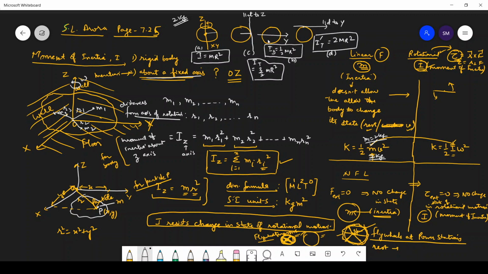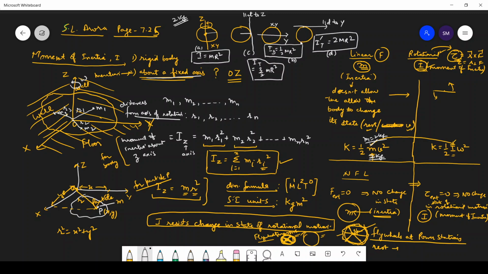and when you are moving it in the plane, so this ring was in the xy plane and your axis of rotation is in the y plane, so it has reduced to half mr square. But now it's so difficult, it has the maximum moment of inertia. Why maximum?